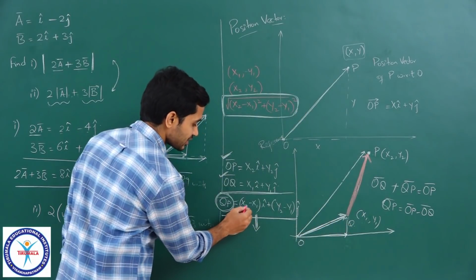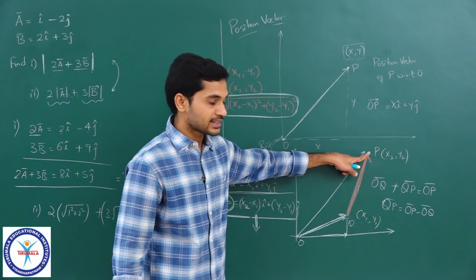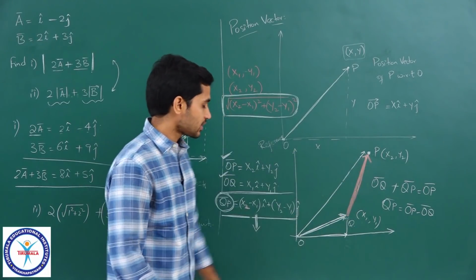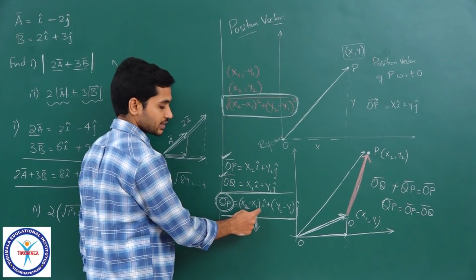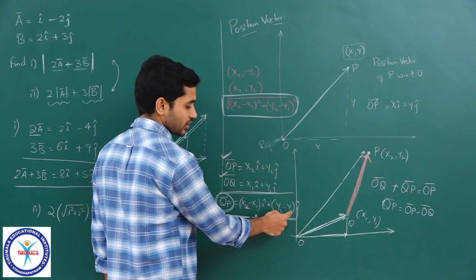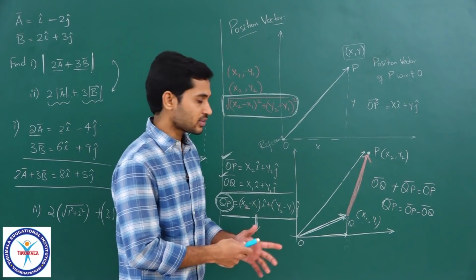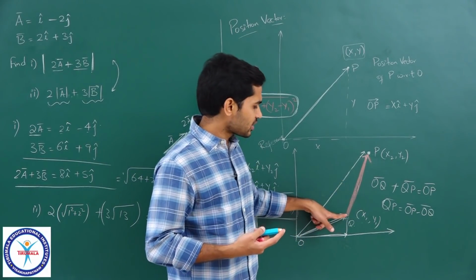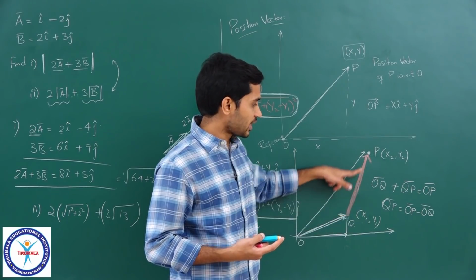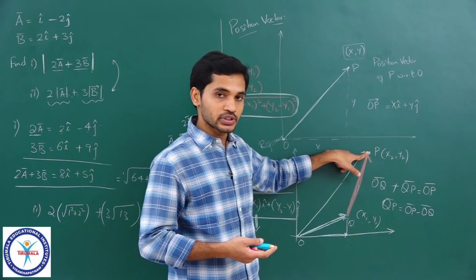So this is the first point and this is the second point. This vector is nothing but the difference in their x coordinates i cap plus the difference in their y coordinates j cap. Clear? I generally remember it like this. If I have to find the vector joining this position and this position, I will think of it as initial position, final position, correct?